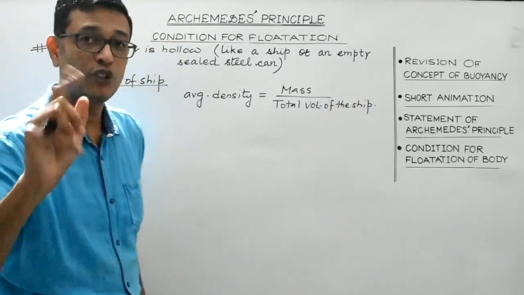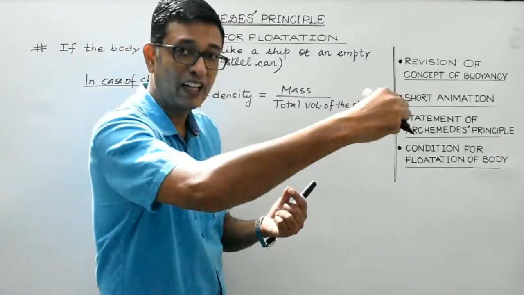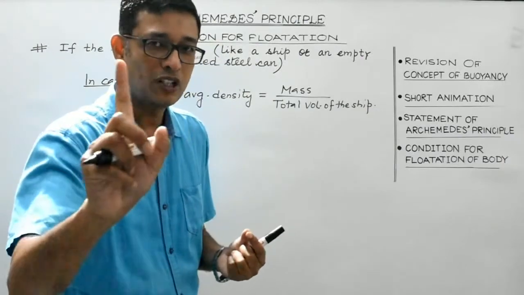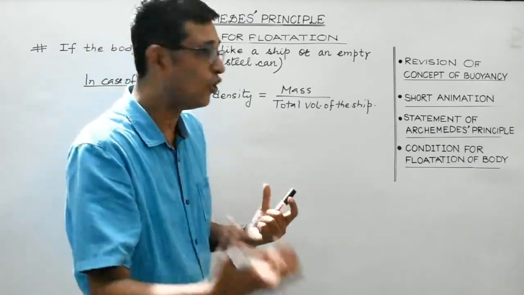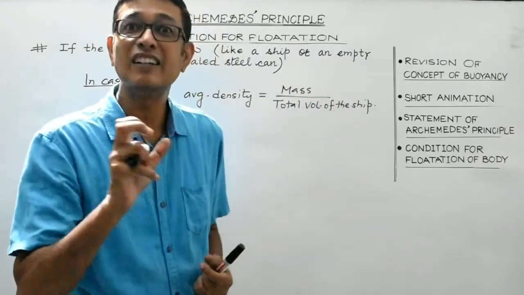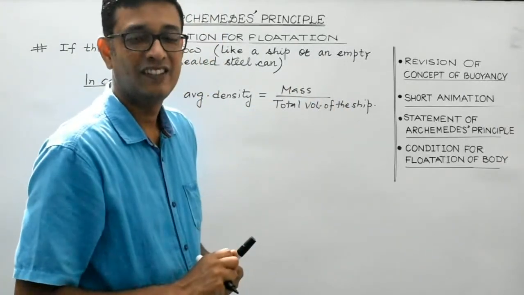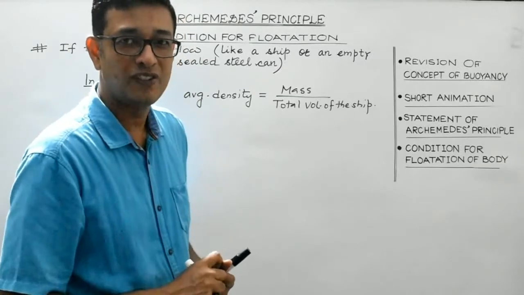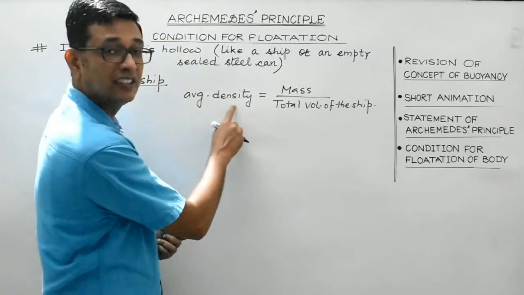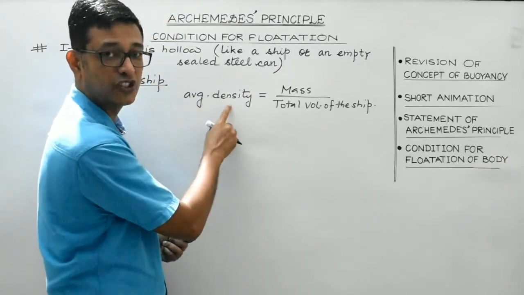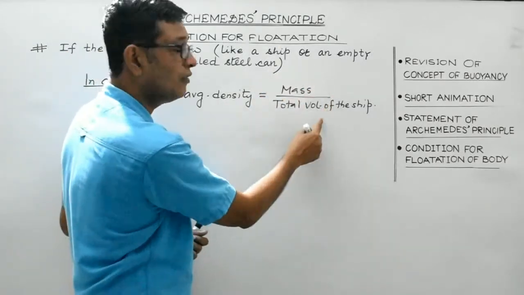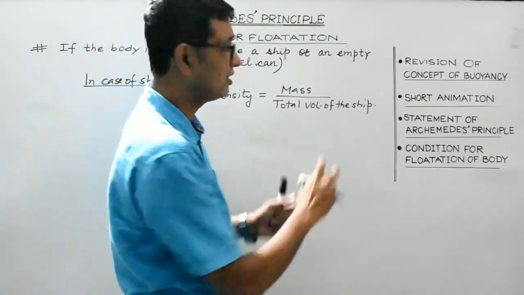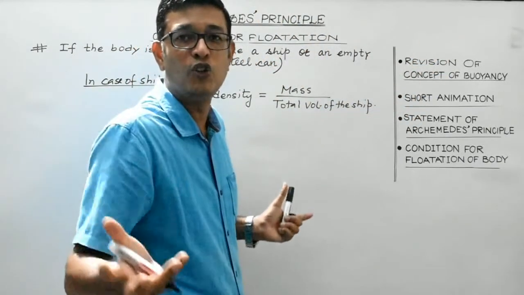And as I have told you, students, the material with which ship is made, no doubt, is of steel or iron, but the maximum volume of the ship contains air, whose density is very, very low, right? So in order to calculate average density of the ship, we will divide the entire mass of the ship with the total volume of the ship. This includes the huge volume of the air.